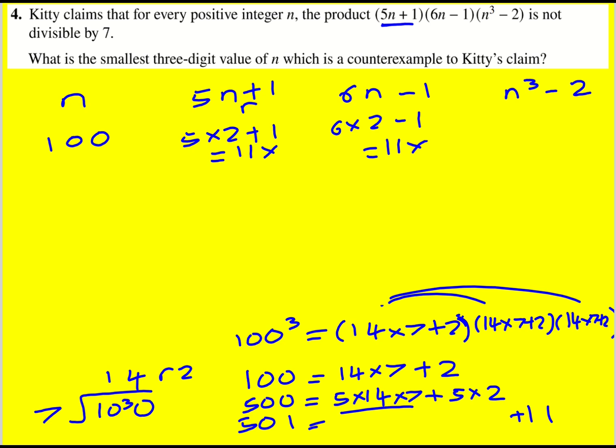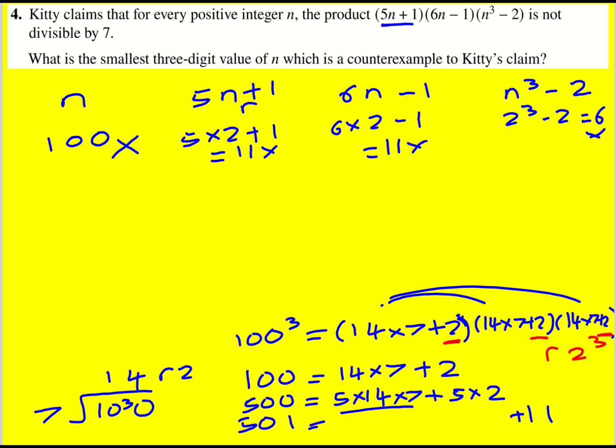The only number that's not going to be a multiple of 7 is going to be the 2 times 2 times 2. So the remainder is just going to be 2 cubed. And we can use that idea to get the remainder really quickly. It's just going to be 2 cubed minus 2, which is 6. So 100 fails on all fronts. None of these remainders are divisible by 7.